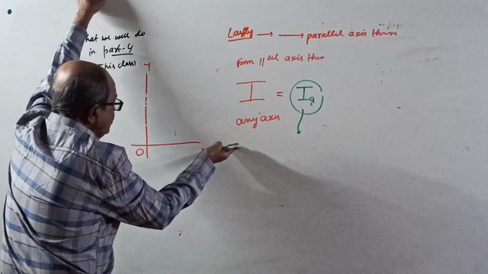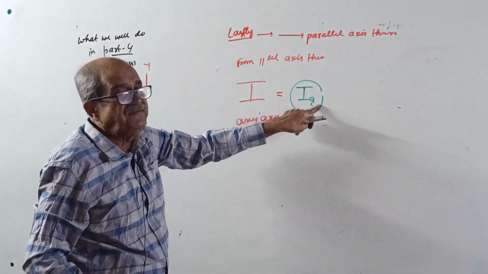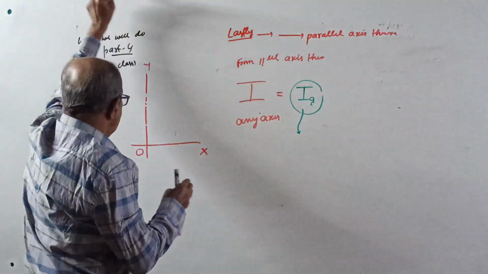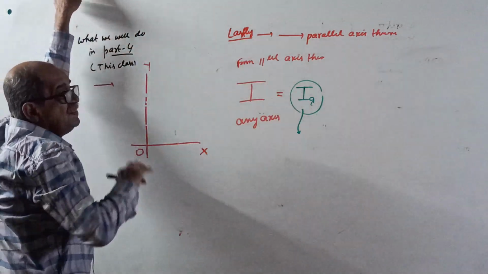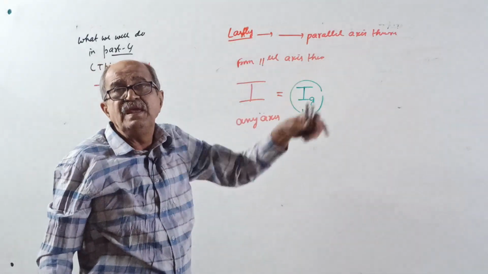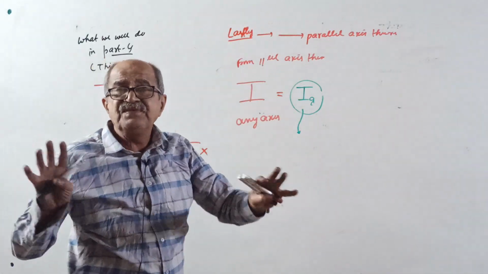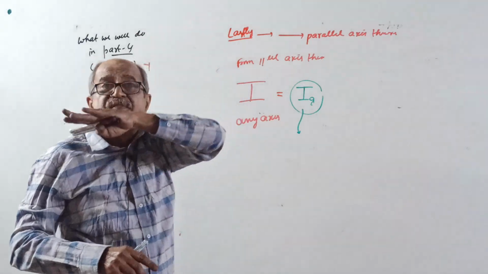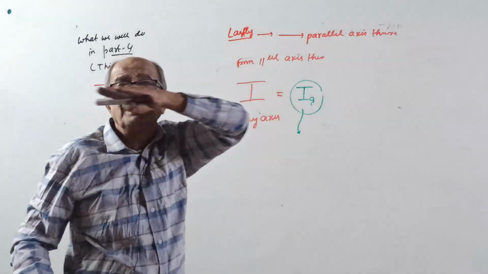If you want I about OX, that centroidal axis should be parallel to OX. If you want I about OY, it should be parallel to OY. If you want I about XX or YY later, it should be parallel to XX or YY.